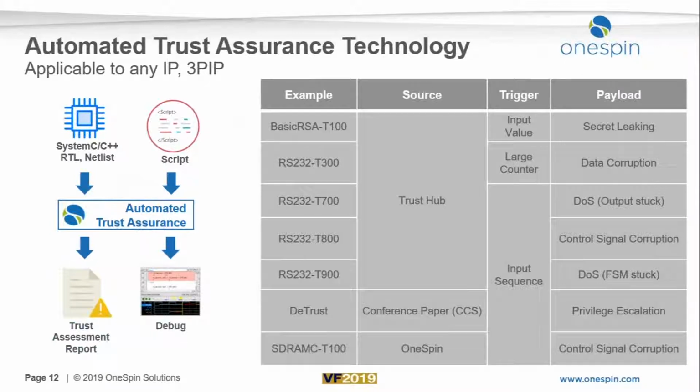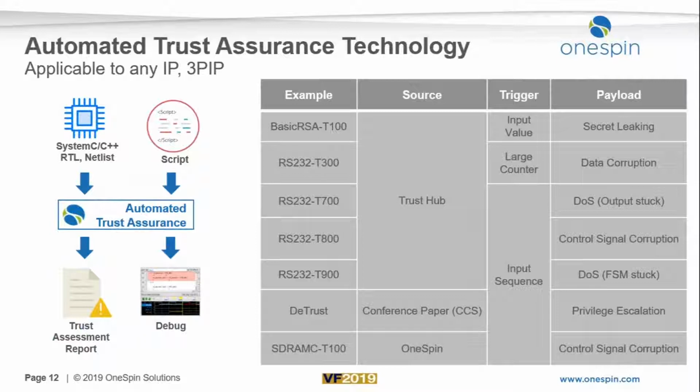There are lots of conference papers where they demonstrate how simple a thing you can do to mess up the whole chip. And so from there, we can also derive examples. And we also generate our own designs with Trojans inserted.